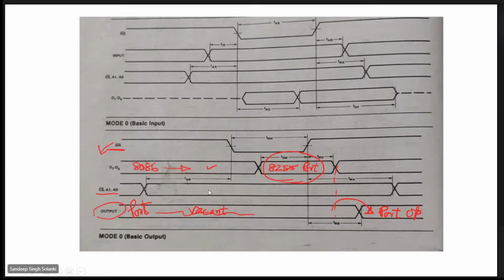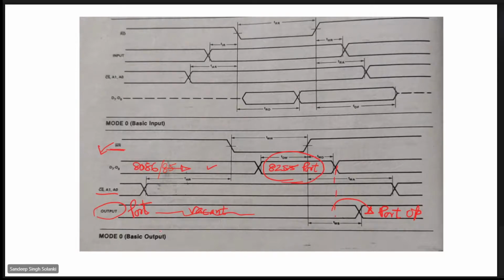Here, the processor which is shown, I'll just make it 8085 and 8086. See here, when you are ready to write something on 8255, I am going to start with that, then I will go for the read.